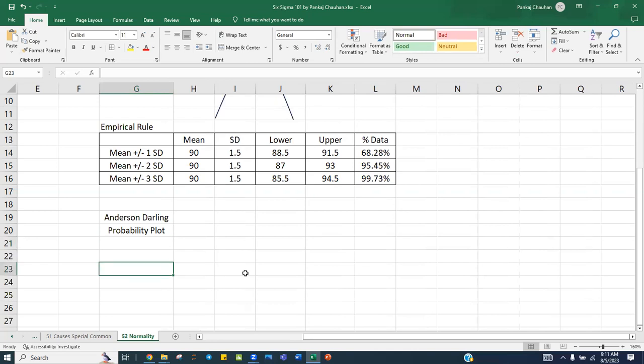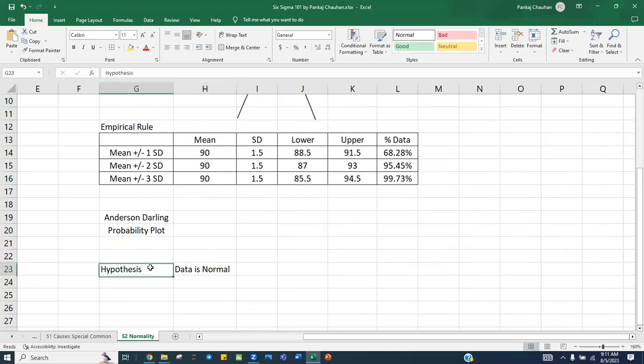My hypothesis is that data is normal, which will be accepted as the null hypothesis when the p-value of the Anderson-Darling test is greater than 0.05, and I will call the data normal.